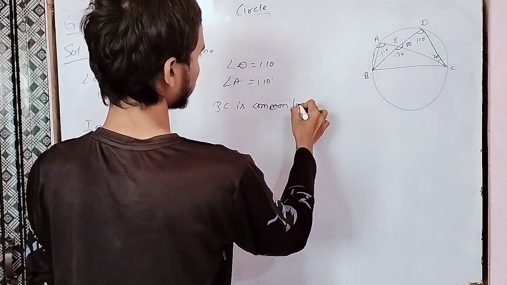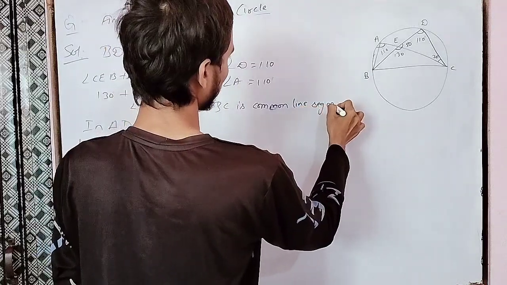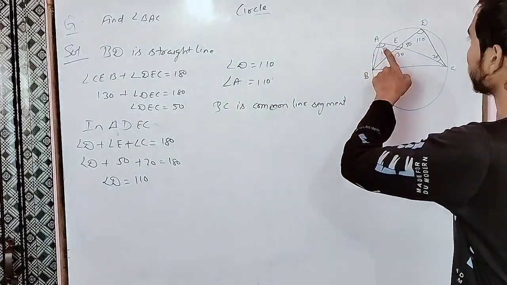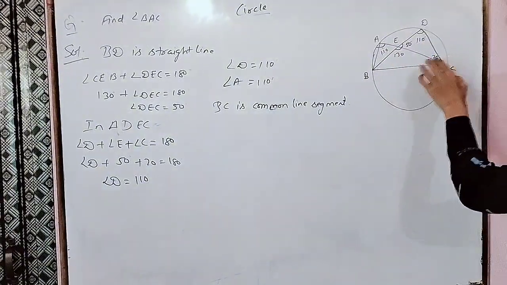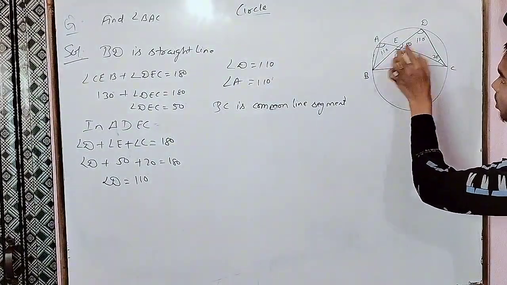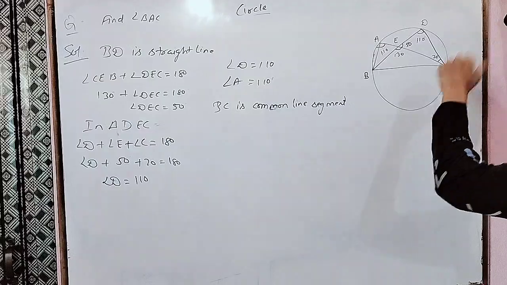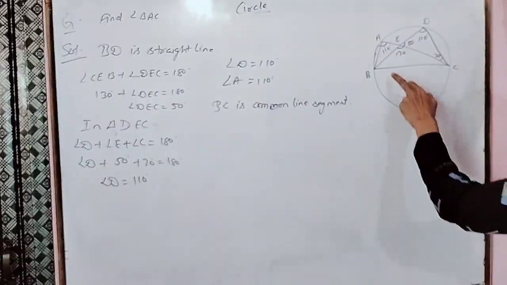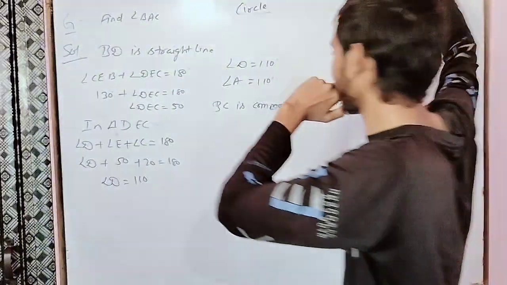The two triangles lie on the same line, which is BC. That's why.